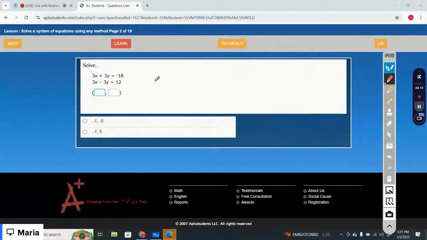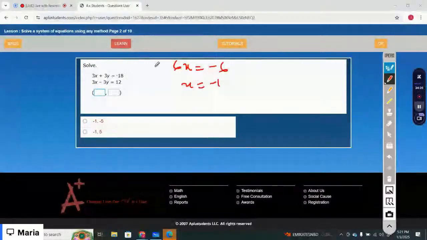Again, if you add the equations, you can eliminate one of the variables. So when you add, the variable y is eliminated, 6x equals negative 6, so x equals negative 1. Now you can substitute the value of x equals negative 1 in any of the equations and calculate the value of y.